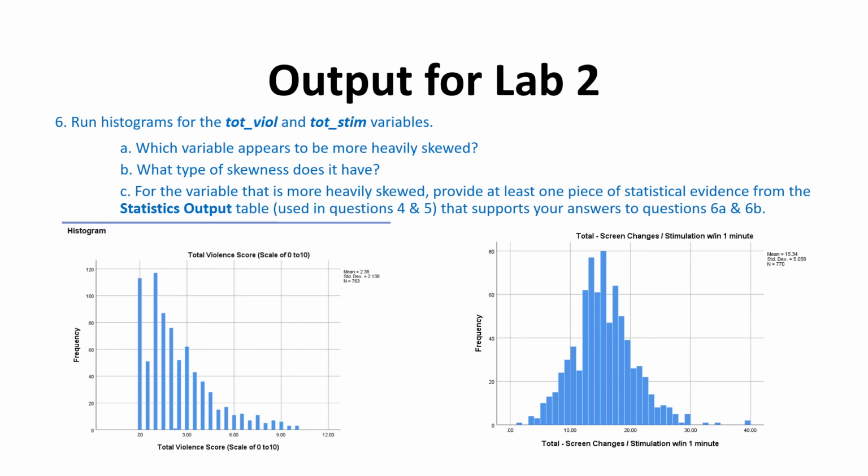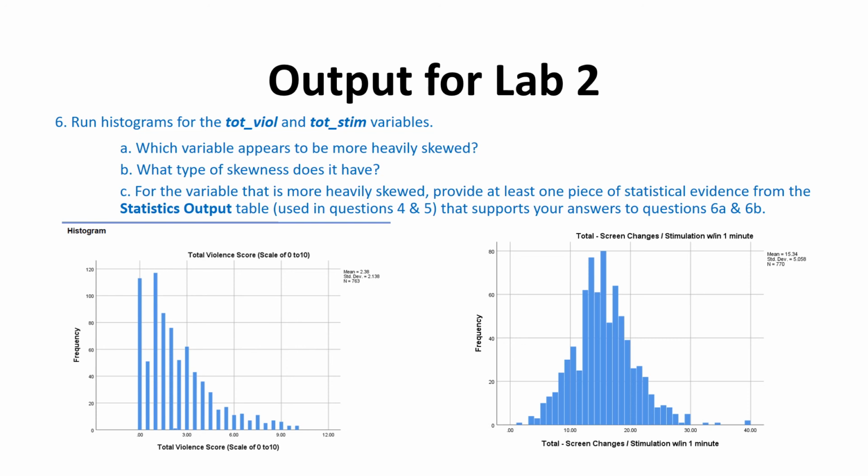And then finally in part C, for whichever variable you chose to be more heavily skewed, provide at least one piece of statistical evidence from the statistics output table that you used in questions 4 and 5 that supports your answers to questions 6A and 6B. So remember, I told you when we analyze skewness, there are 3 ways you can assess the level of skewness of a variable.